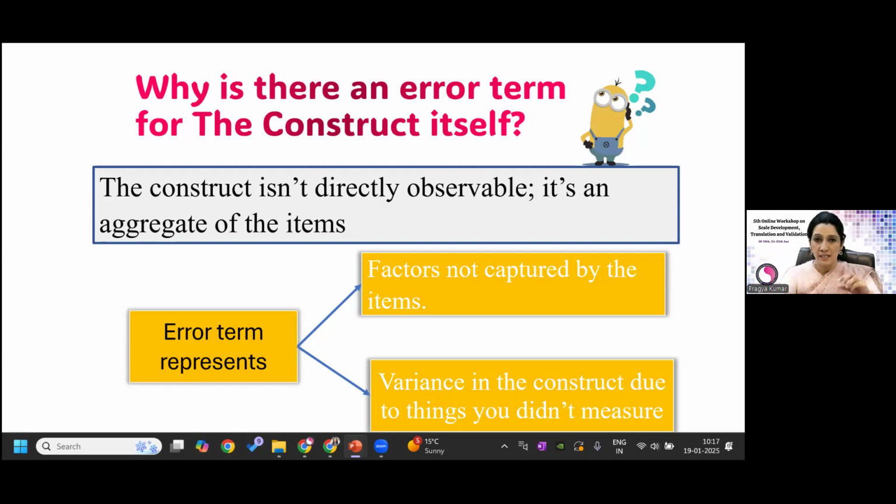So the error term is there at the construct level because there can be some other item which can add to the accurate measurement of the construct, which is the formative construct. So in case of the error term, this factor, what is factor? I said that the construct we also call a factor. So there can be some error which we are not capturing through all those three indicators. That's why the error term is there at the level of the construct.